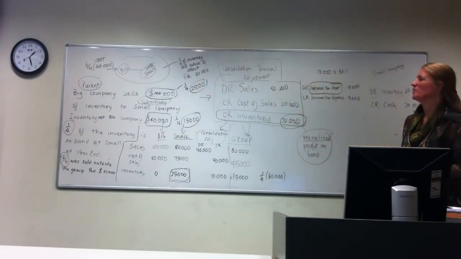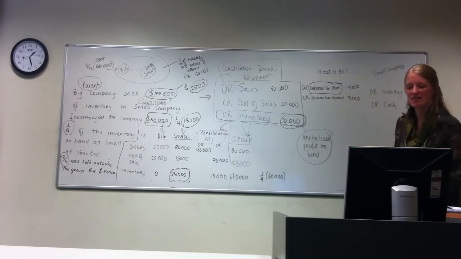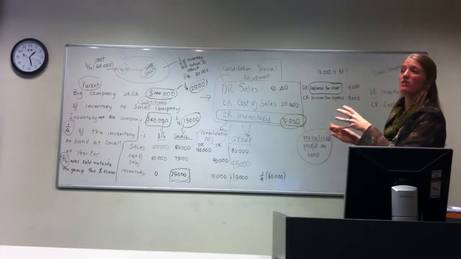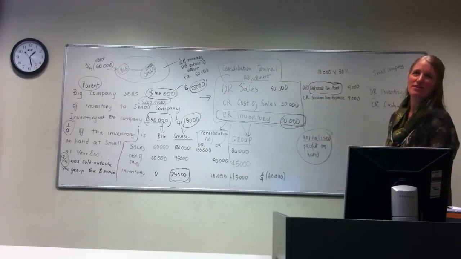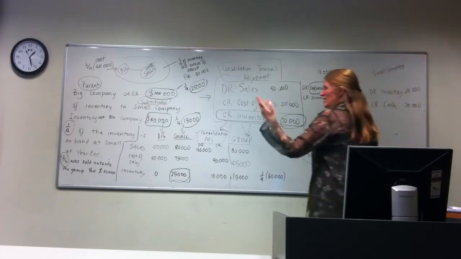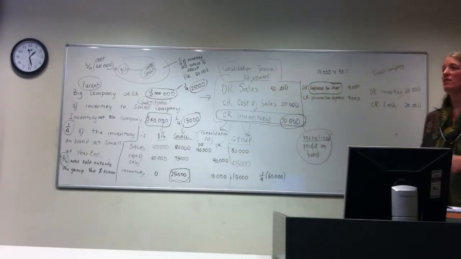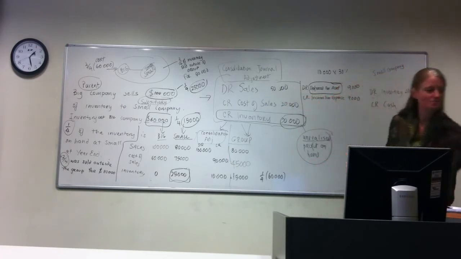But what you've got to be careful of when you're adding the parent and the subsidiary figures is that you have to take out any effects of transactions that have taken place between parent and subsidiary. Okay. So if I said to you, for example, big company has received rent from small company of $50,000. Okay.